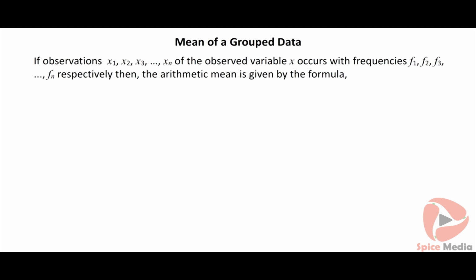There are three methods to calculate the mean for grouped frequency distribution: direct method, assumed mean method, step deviation method. Mean of a grouped data.